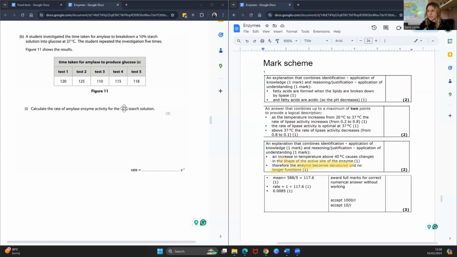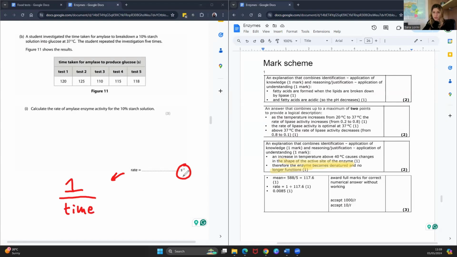Now, the rate is calculated as this change in concentration over time. But I want you to notice something. The unit, what does that mean in terms of the equation? This will tell us that it's 1 over time.